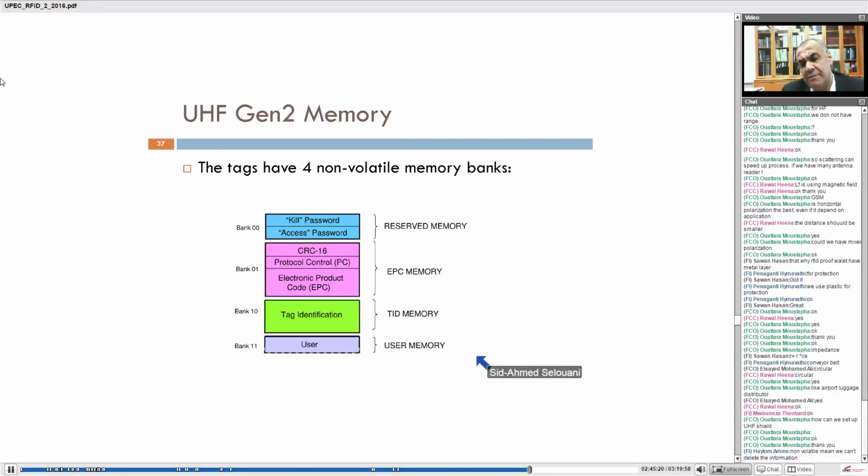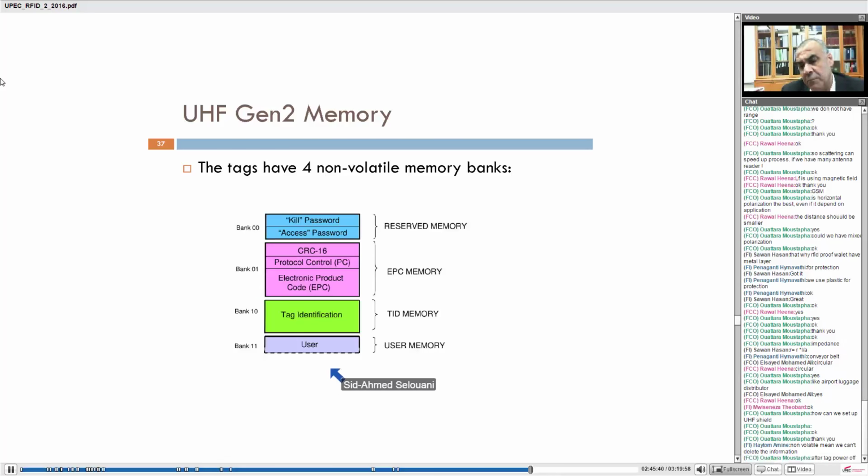I mean, non-volatile means that the information is here almost all the time. You can remove the information here, for example for the user memory, but it stays. For example, you have a RAM and a ROM. You have RAM, for example, in your computer. If you disconnect the computer, you lose your data. Here you don't have power, so that's correct, but the information you have here is non-volatile.